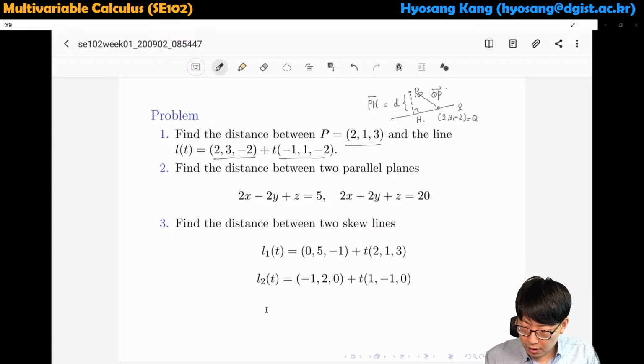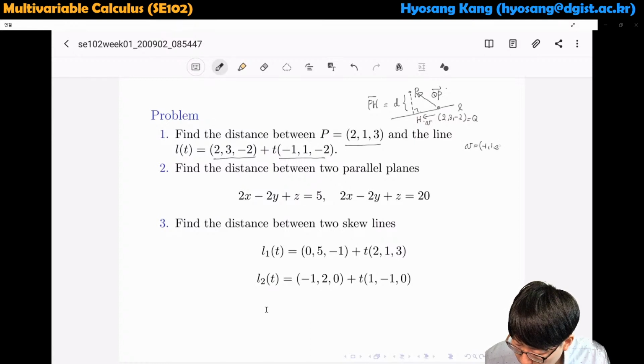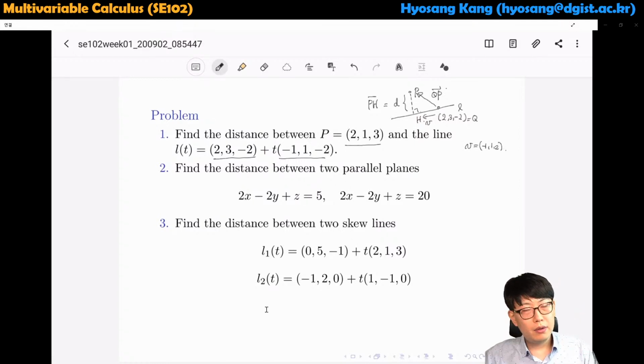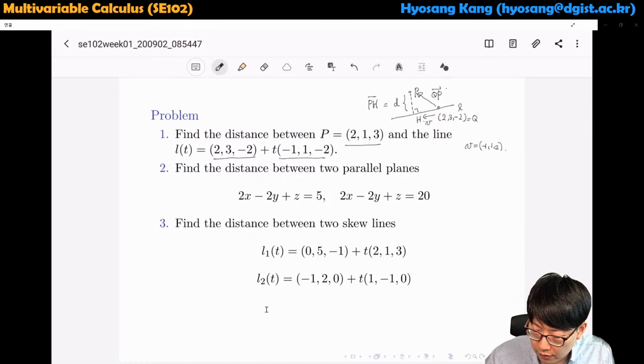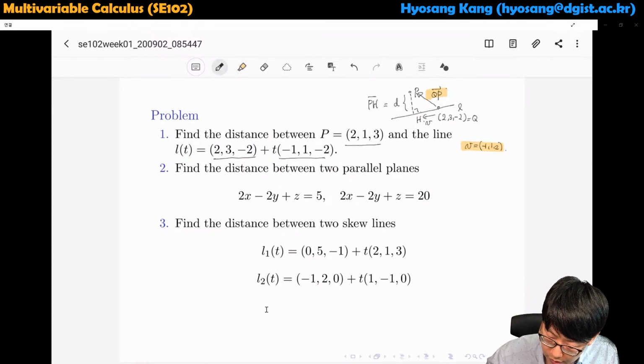And then there is a direction V parallel to L. Let's say this is V. So V is minus 1, 1, 2. Okay, so I'm going to take a projection of the position vector QP onto the direction of V.